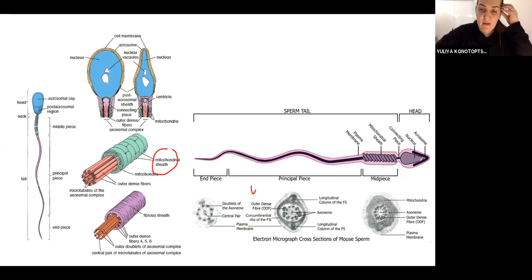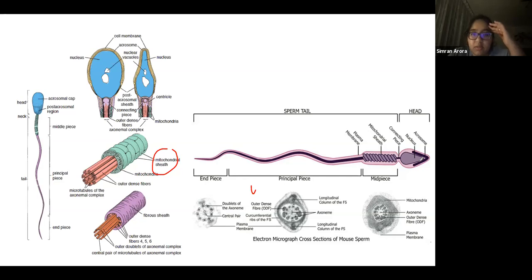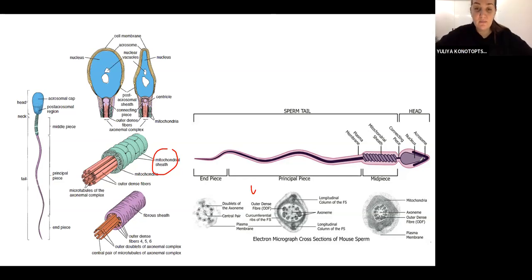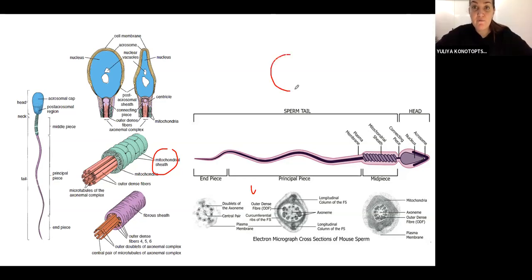Could you remind me from Embryo 1, what is acrosome? It's an enzyme which will help dissolve the zona pellucida. Don't forget your oocyte is surrounded by a couple of things. The first layer is the zona pellucida, and then you have the corona radiata.